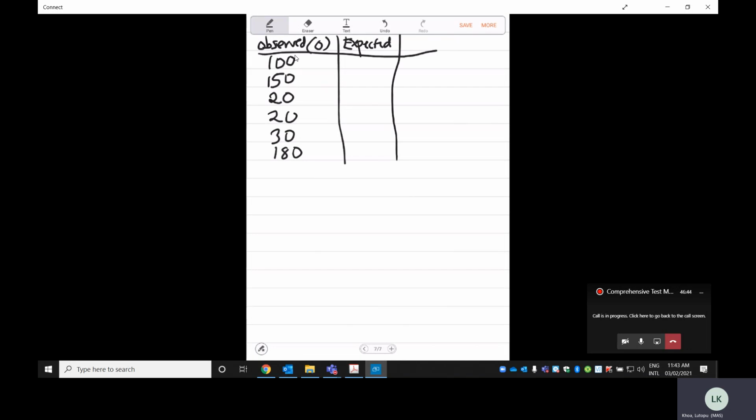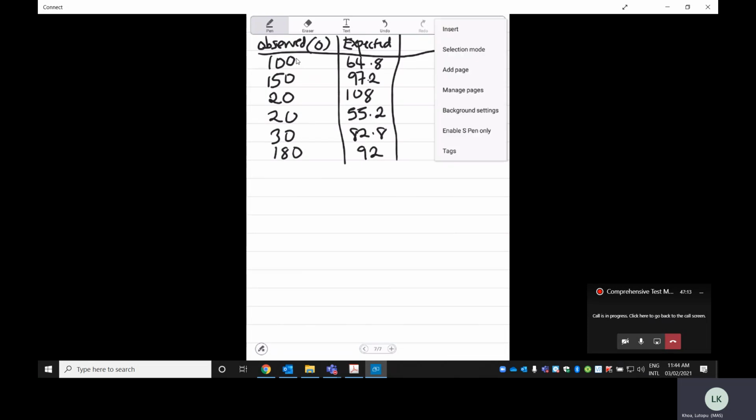Again, row total times column total divided by the grand total. What I got here is 64.8, 97.2, 108, 55.2, 82.8, 92.